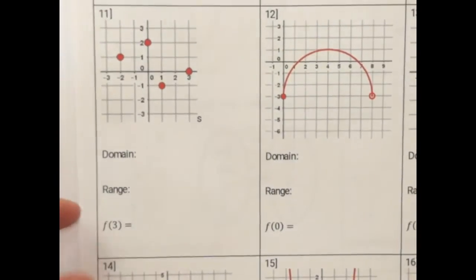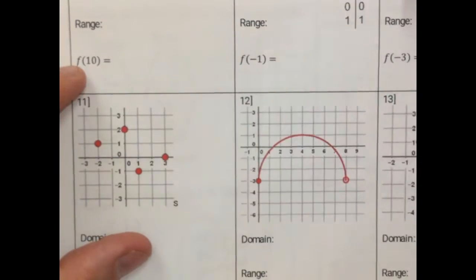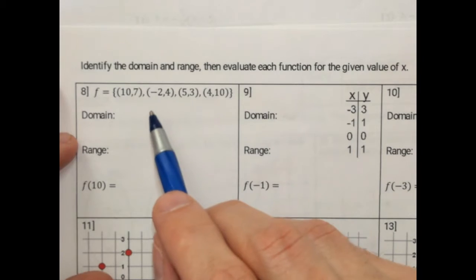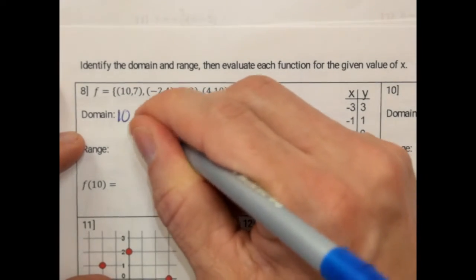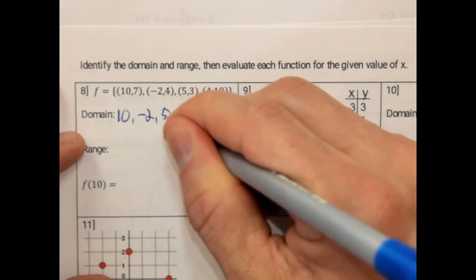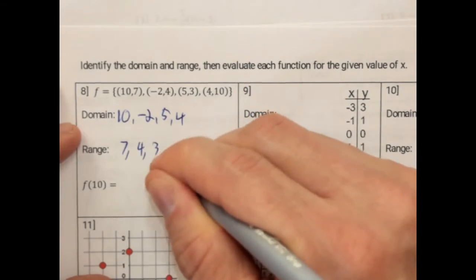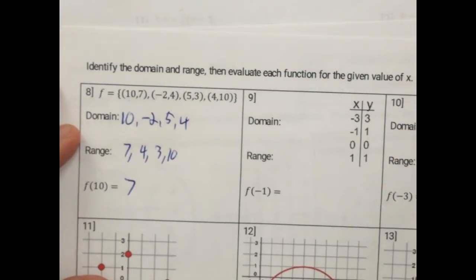Let's check this out. They give us the points here. Domain is going to be 10, -2, 5, and 4. Range is going to be 7, 4, 3, and 10. F of 10 is going to be 7, because if you plug in 10, you get 7.